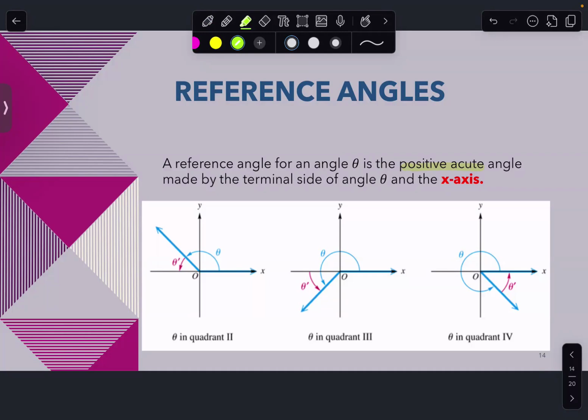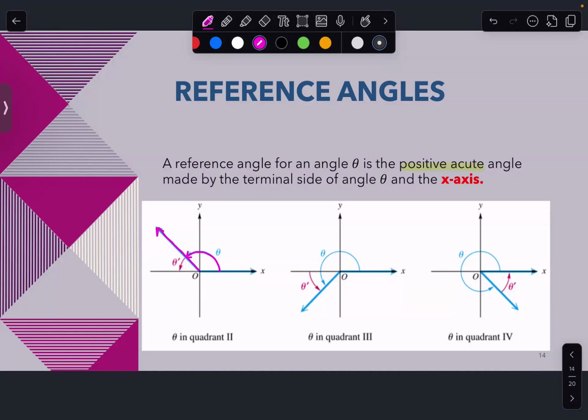So we say that because, say, for example, we're looking at this terminal side here, and we started at the x-axis and we go over. Well, that's going to be greater than 90 degrees.